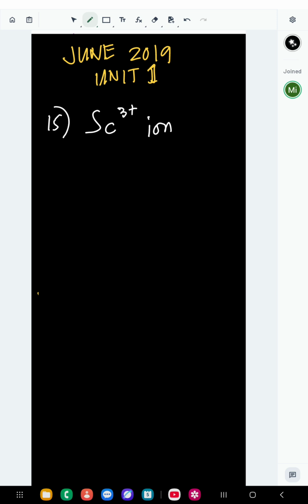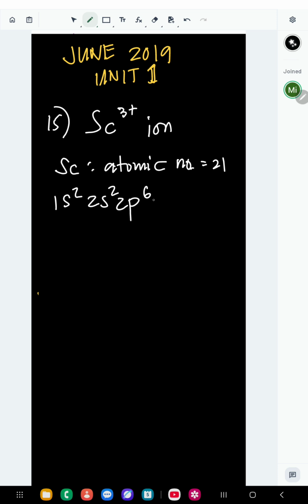Okay. For neutral scandium, from the periodic table its atomic number is equal to 21. So its electronic configuration, using the Aufbau principle, you can write as 1s2, 2s2, 2p6, 3s2, 3p6, 4s2, 3d1.